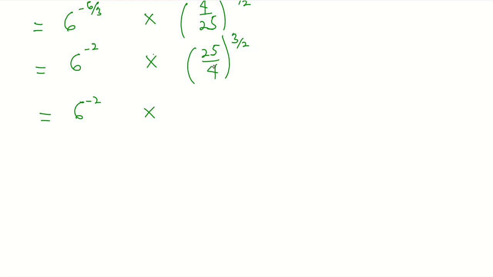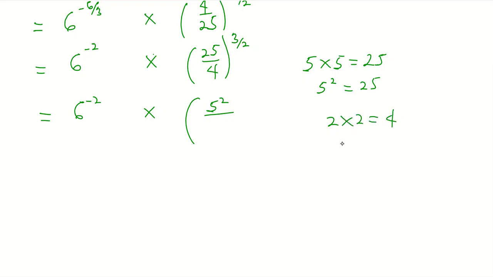We know 25 is the same thing as 5 times 5, because 5 times 5 is 25, and 5 times 5 is the same as 5 squared. So 5 squared is the same as 25, and so we have 5 squared divided by, we also know that 2 times 2 is the same as 4, so 2 squared is the same as 4.